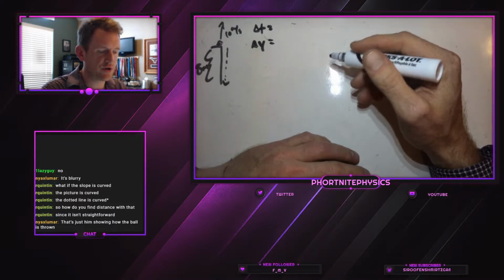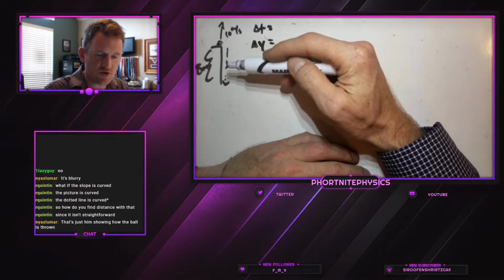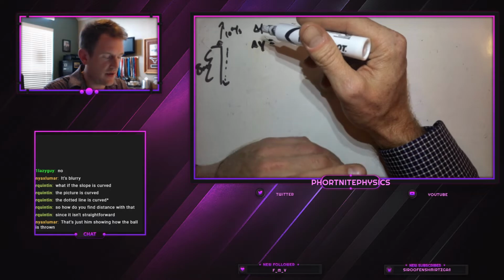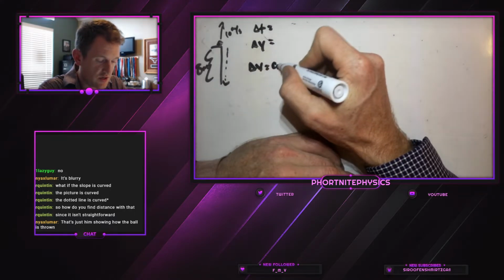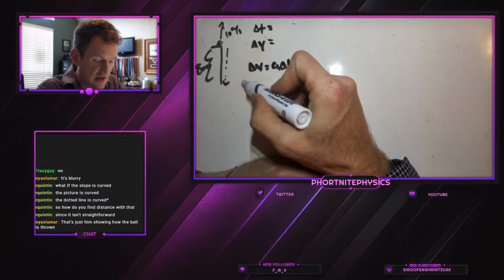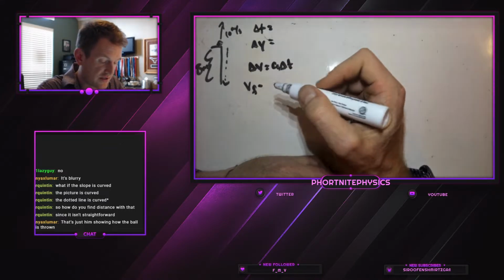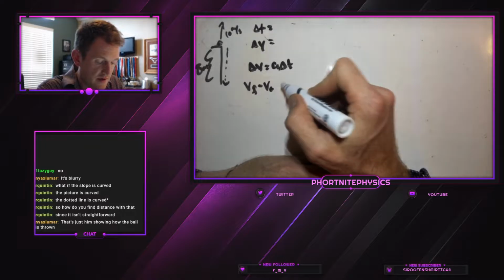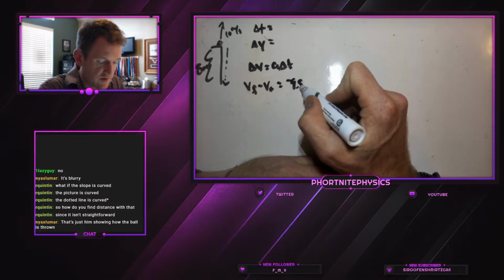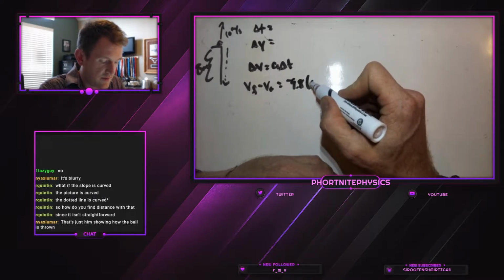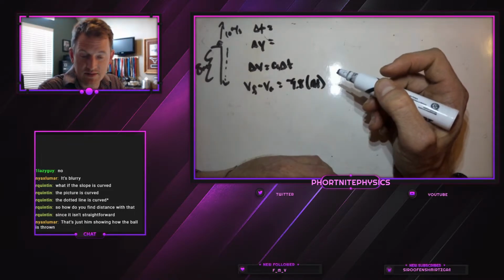So let's find out how long it goes. When it's thrown straight up at 10 meters per second, we're going to again use our delta V equals A delta T equation to find out how long it takes for it to slow down. Now, VF minus V0 equals negative 9.8 multiplied by time, whatever the time is.